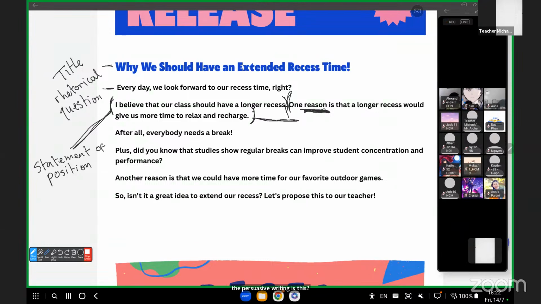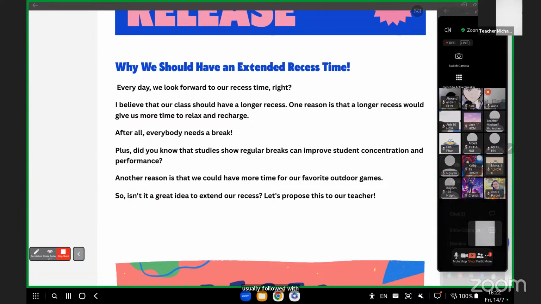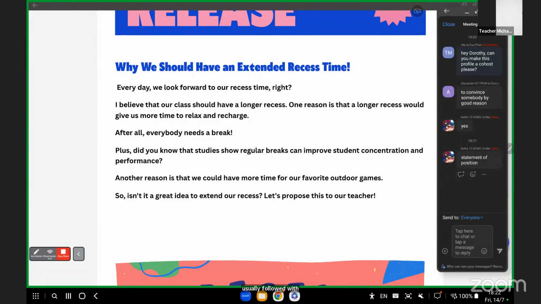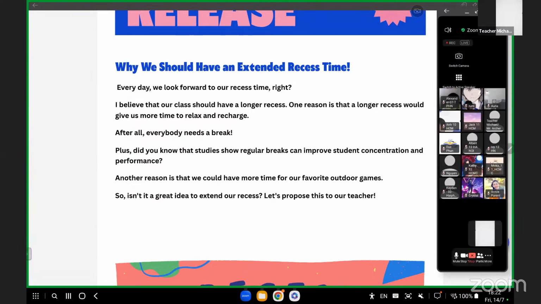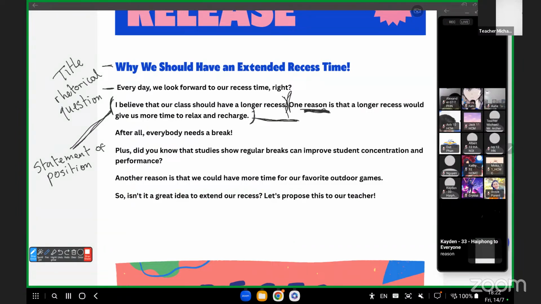So we've got our statement of position, and that is usually followed with... Very good, Caden. With our reason. Very good, Ram. That's our reason.